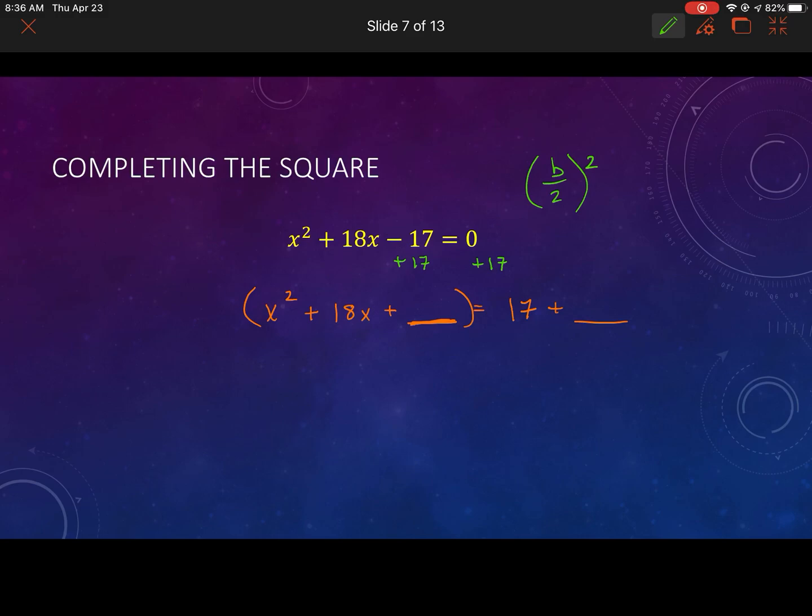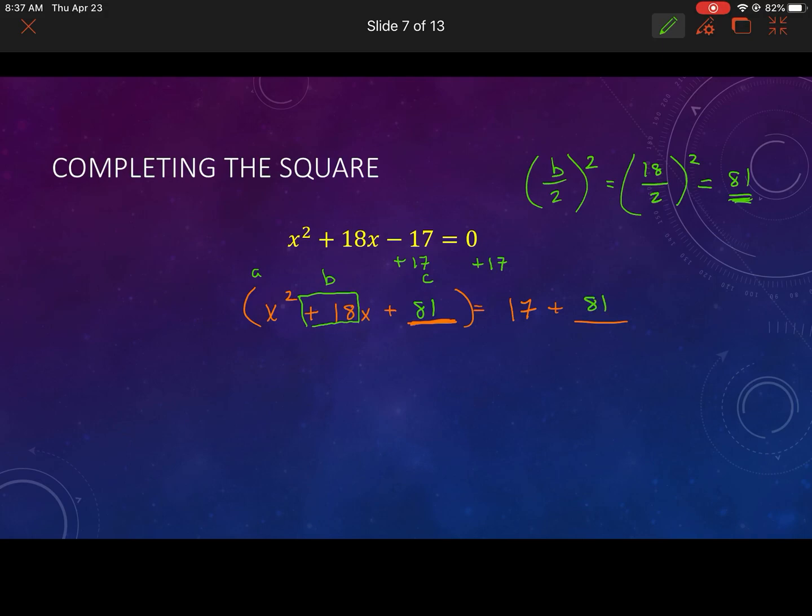Remember, this 18 is my b, this is a, and this is where c is. So we plug in b: 18 divided by 2, squared. 18 over 2 is 9, and 9 squared is 81. This gives me the perfect square that I'm going to add to both sides.